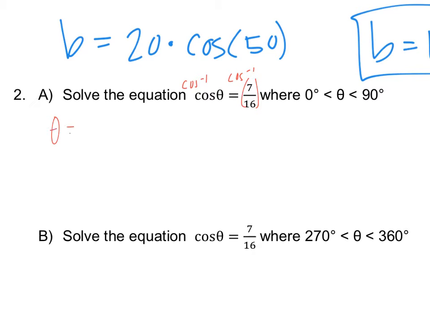So theta equals inverse cosine of 7/16. And I got 64. So theta equals 64.1. Is that between 0 and 90? Yes, then we're good to go.